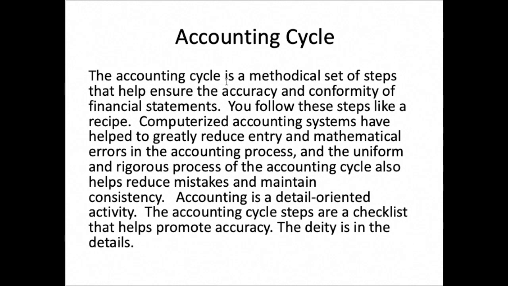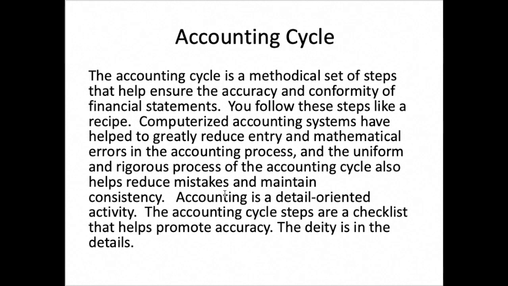So, the accounting cycle is a methodical set of steps that help ensure the accuracy and conformity of financial statements, and that's really crucial. You follow these steps like a recipe. Computerized accounting systems have helped to greatly reduce entry and mathematical errors in the accounting process, and the uniform and rigorous process of the accounting cycle also helps reduce mistakes and maintain consistency.